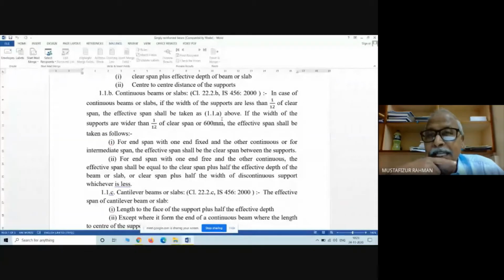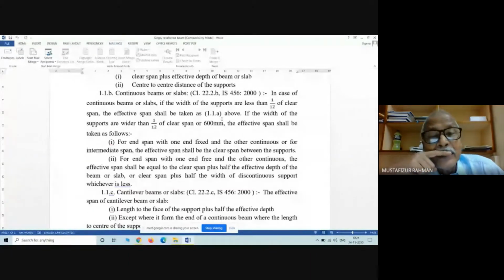Continuous beam means the end span and intermediate span. The end spans are assumed to have the end support simply supported, and the other supports are continuous.